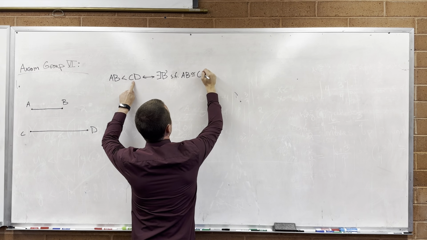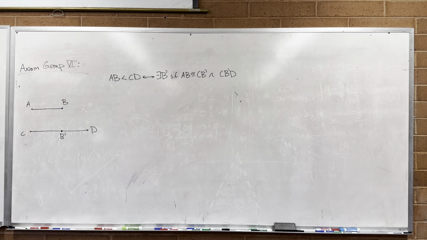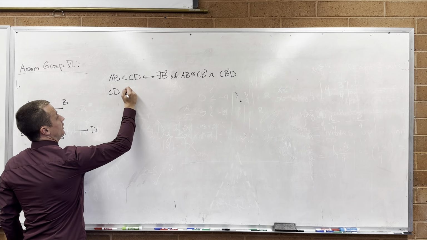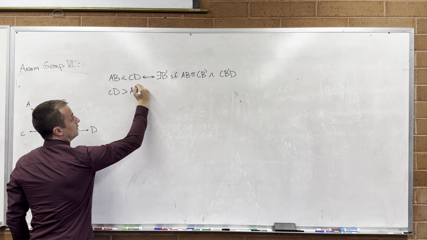Here's the picture for AB is less than CD. That's very different from the picture for CD is greater than AB.